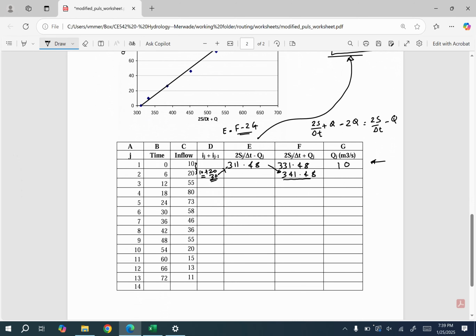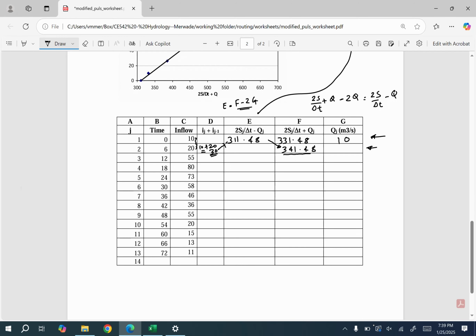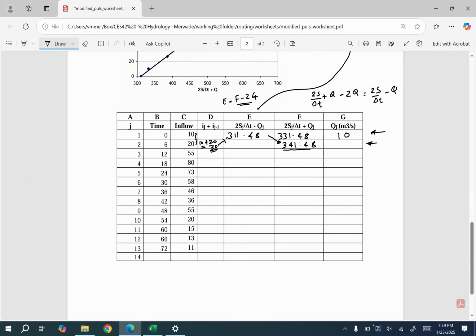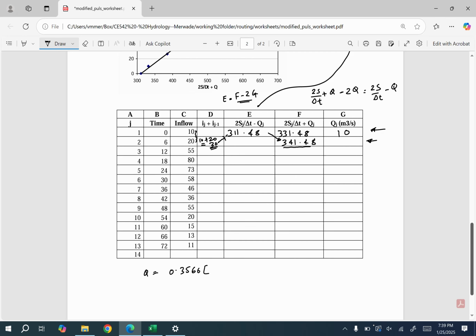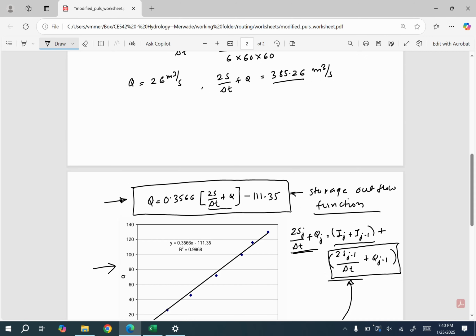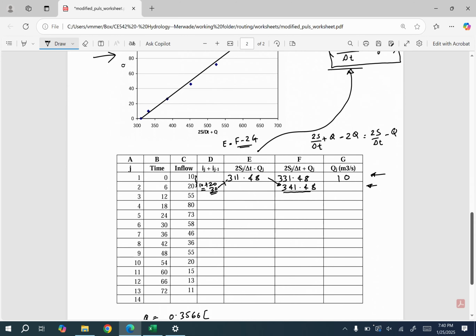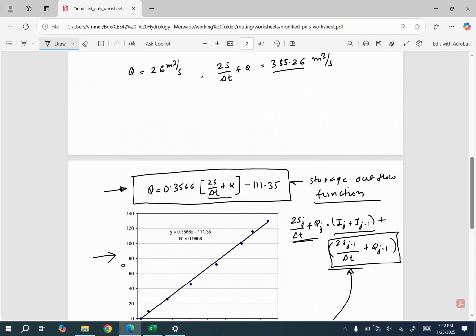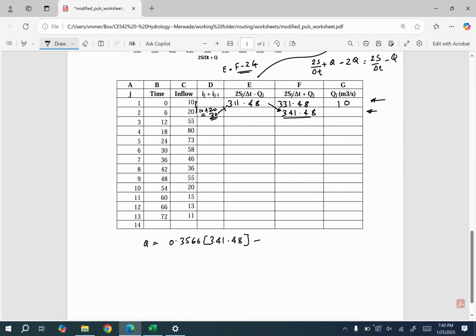To get this value, I'm going to say Q is equal to 0.3566 times, so basically I'm using this equation at this point, 2S over delta t plus Q. For that we have 341.48 minus 111.35, and once you do that you will get 10.42.